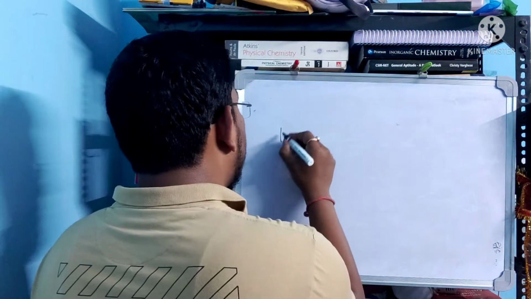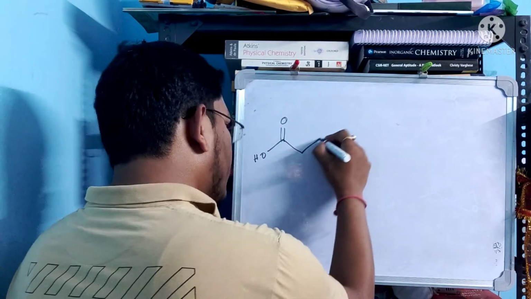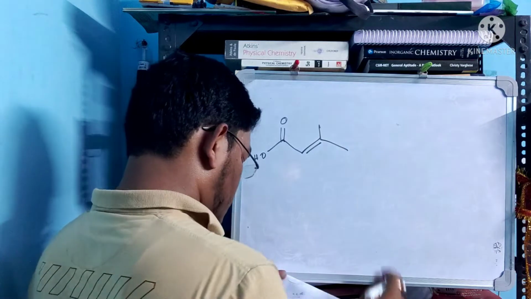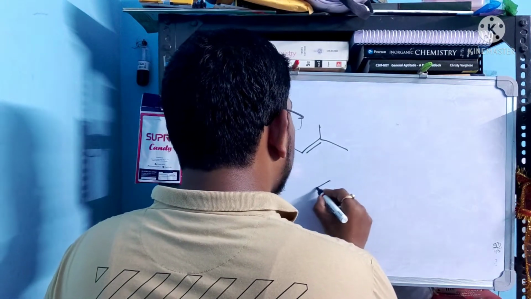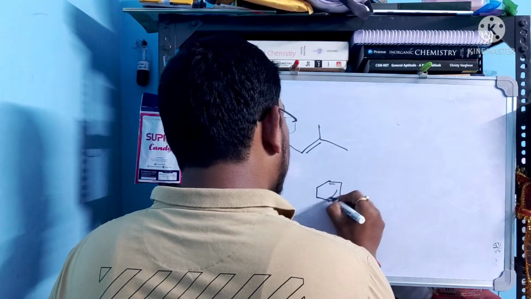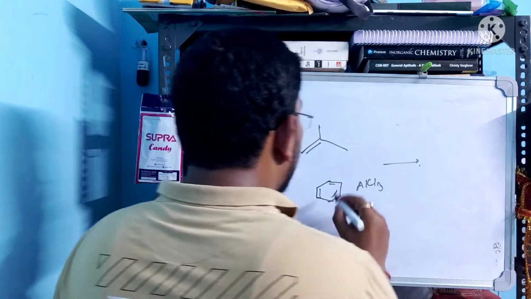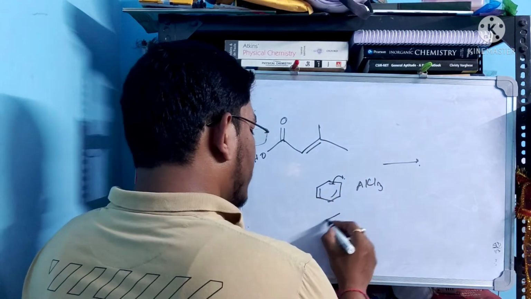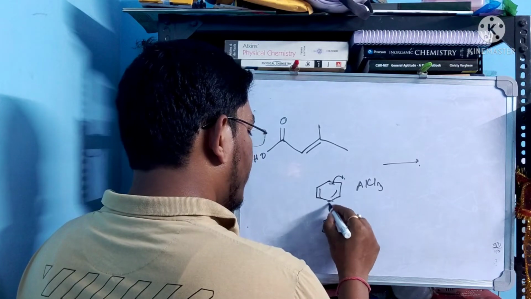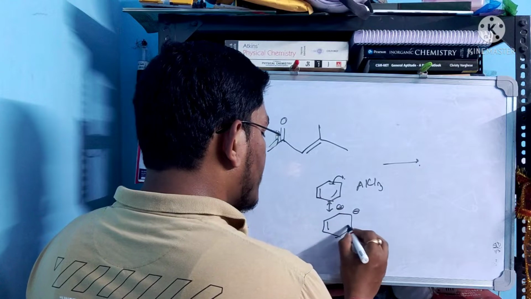Now another example. Okay, we can use this one. Now its resonating structure is like this, plus minus like this.